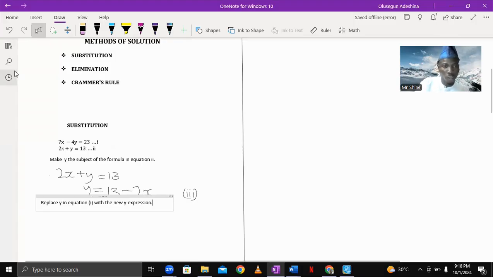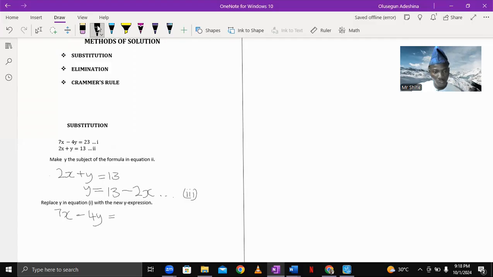Okay, so we go straight to equation 1, which says 7x minus 4y is equal to 23.